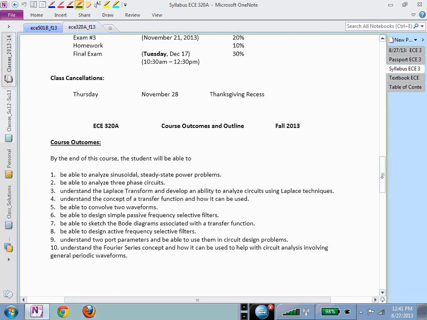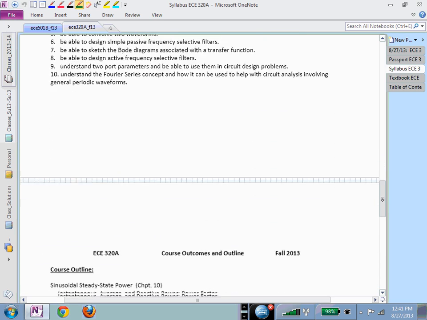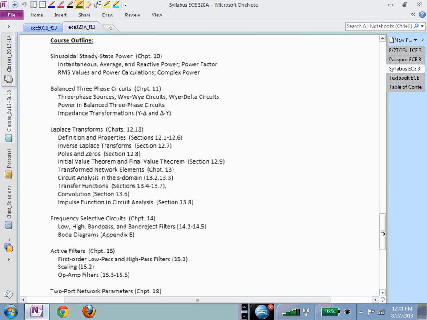Then by the end of the course, you should be able to do these 10 things, or even more than that. I just tried to collapse those down into some very broad descriptions. And this last page of the syllabus simply goes through the different sections in the textbook, but that's essentially how we will linearly follow through the presentation of the material. When we get to the end, we might be jumping around a little bit.